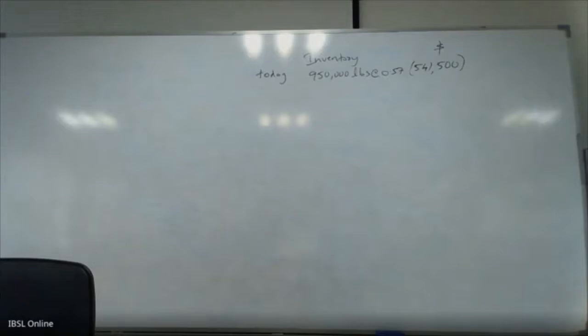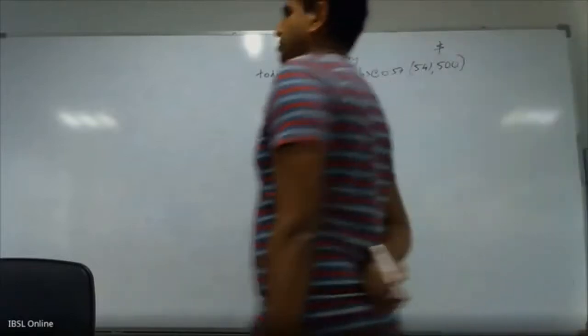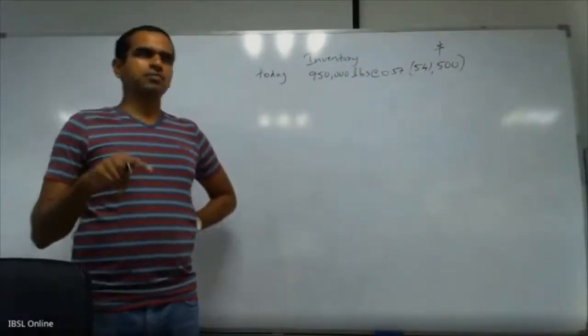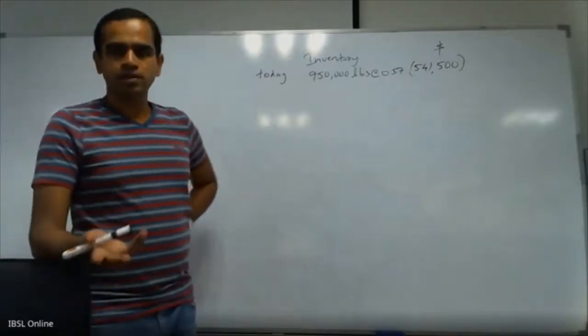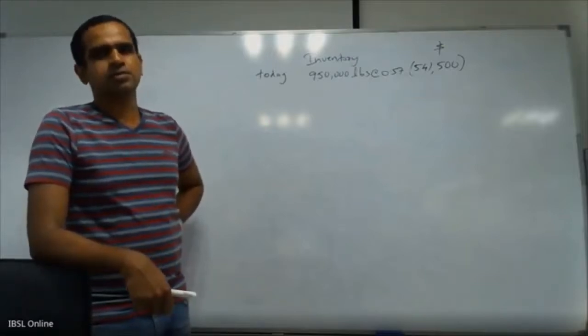What is the risk they are exposed to? Price reduction. Price going down is a risk, right? So if price going down is a risk, they have to get into a position which gives them a profit when the price goes down. And so for you to make money when the price goes down, that means you have to get into a short position. So what they can do is they can short some of these futures.